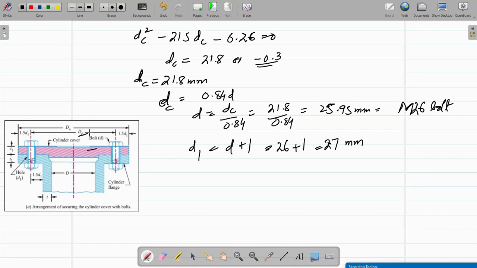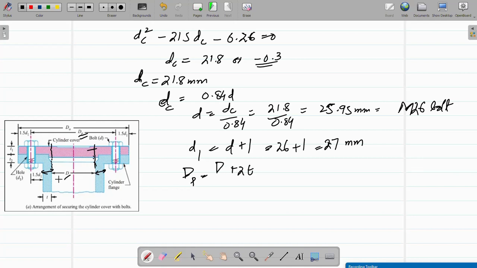The second is called the pitch diameter, which is between two bolts on either edge. So dp, the pitch diameter, is equal to D, this one, plus the thickness of the plates on the other side, which is 2t.